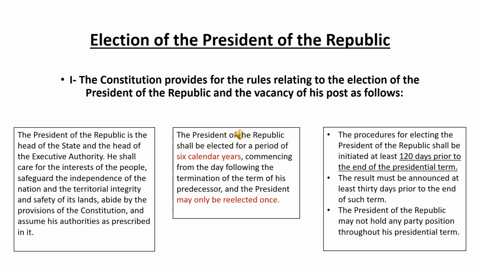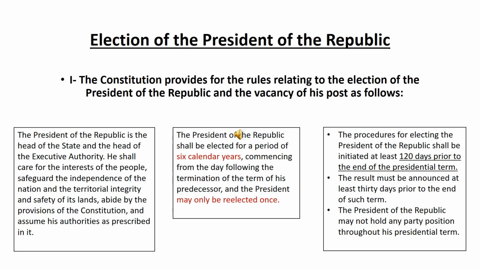So here is the term of the president of the state. According to our current constitution, he is going to be president for a period of 6 years, and then we are going to have another election. He might be renewed for another 6 years.